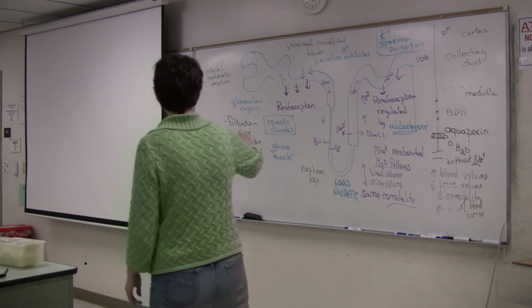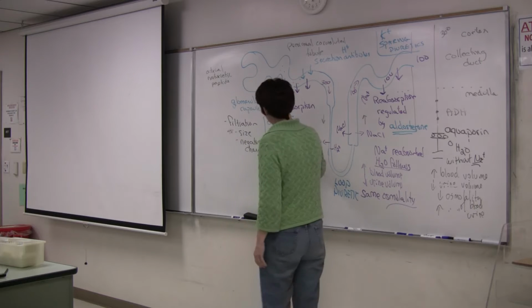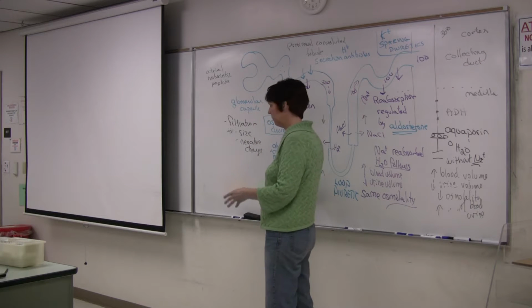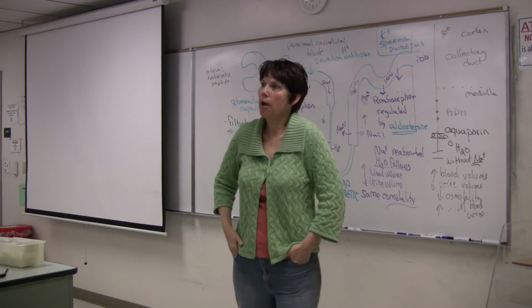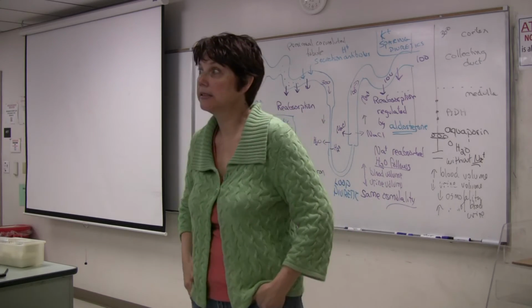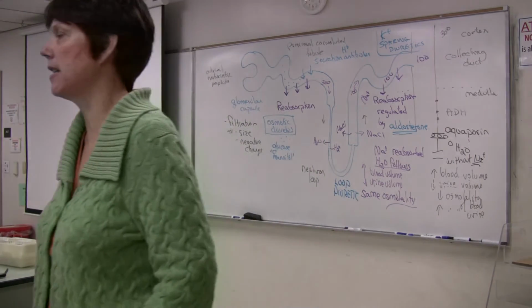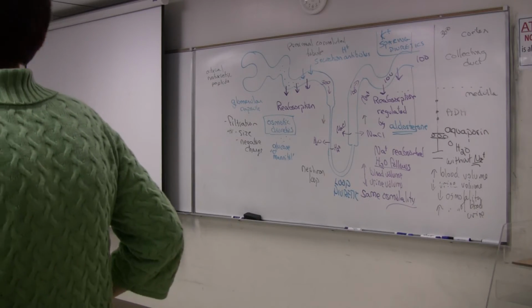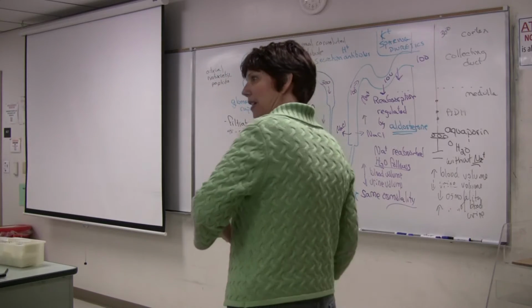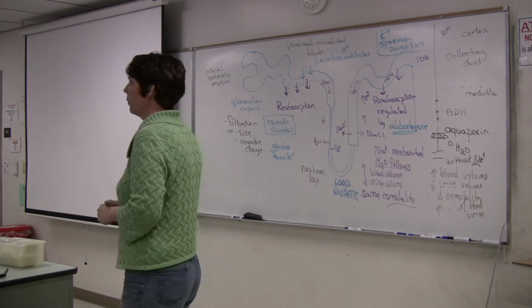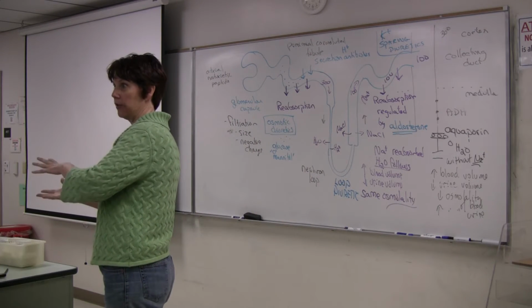Notice the words I have written here, glucose and mannitol, which is a form of a simple carbohydrate. If someone has diabetes mellitus and they have excess levels of glucose in their blood that can't be transported back by the symporters, it stays in the filtrate.